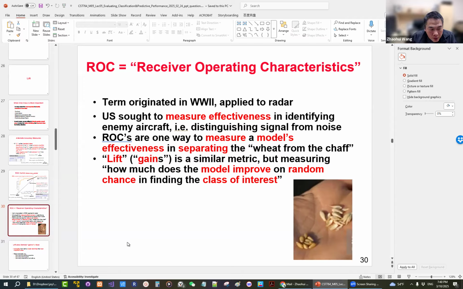Then we can use the lift chart to measure how much the model improves on random chance in finding the class of interest.